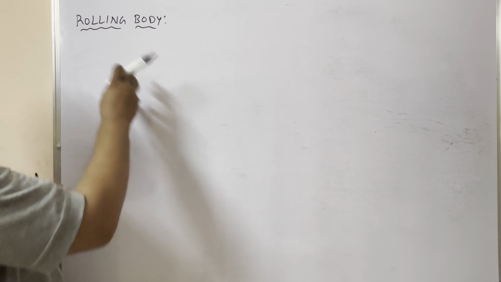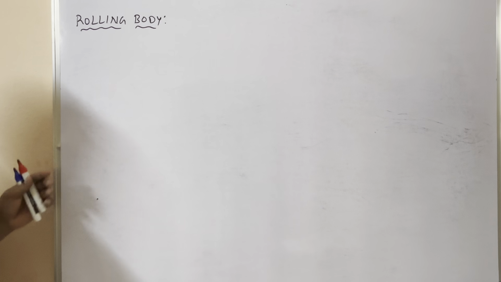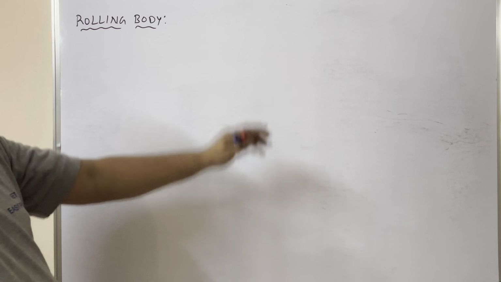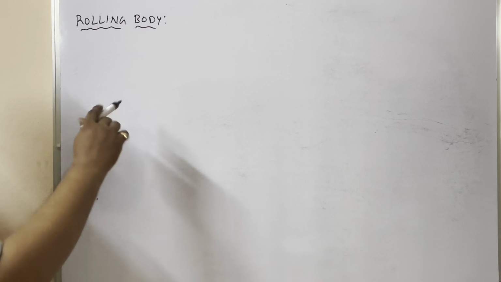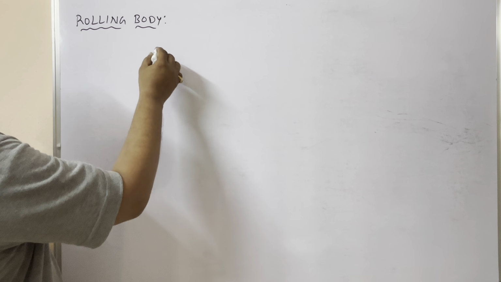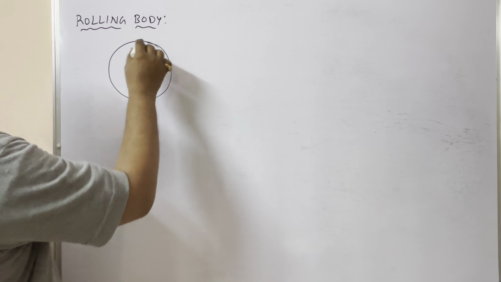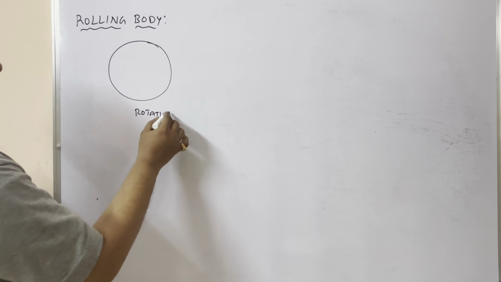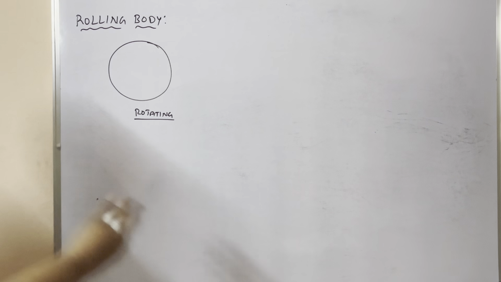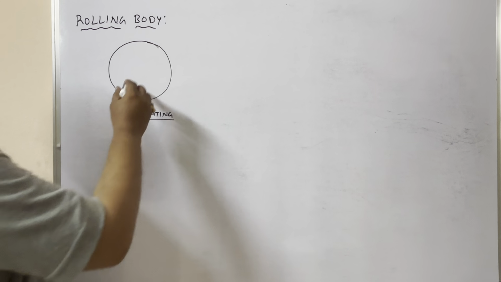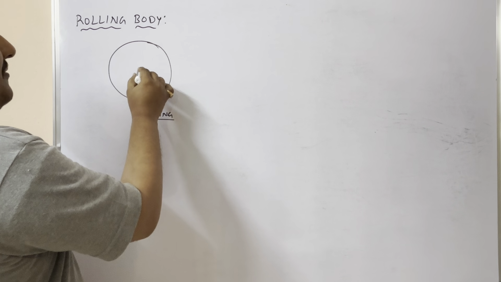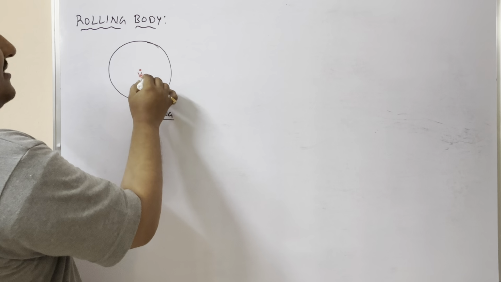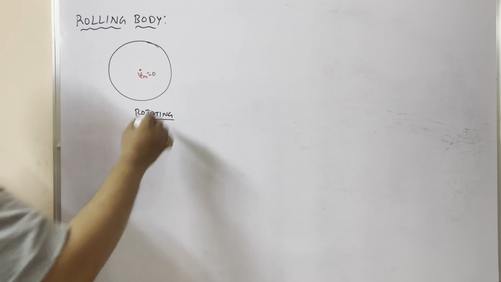So it is the combination of both translational or linear plus rotational motion. How are we going to explain? If an object is only rotating, then its velocity of center of mass is going to become 0.